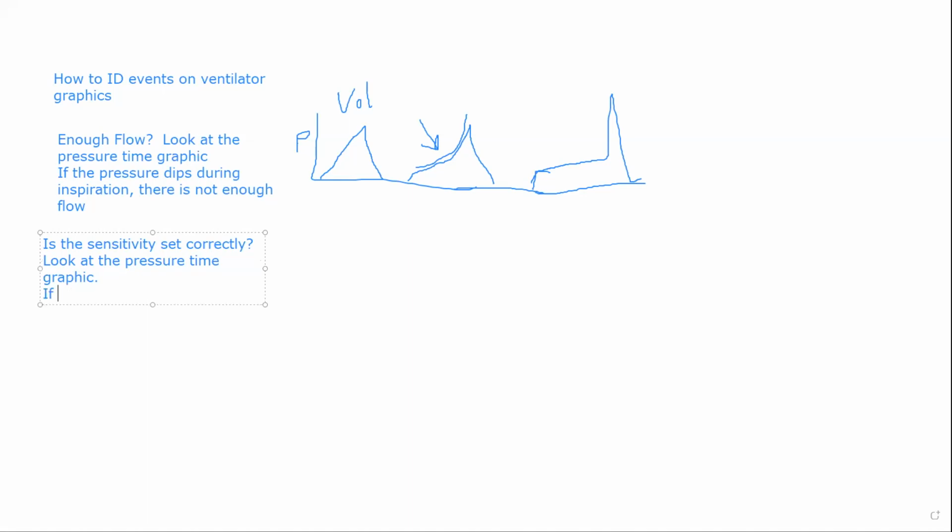If pressure dips below baseline, if pressure dips below baseline at the start of the breath, the sensitivity is not sensitive enough.